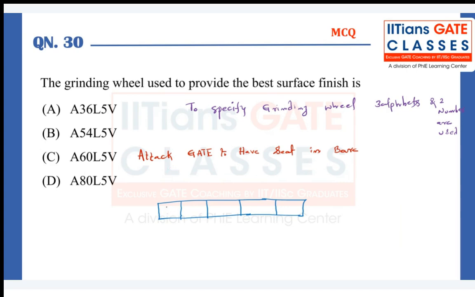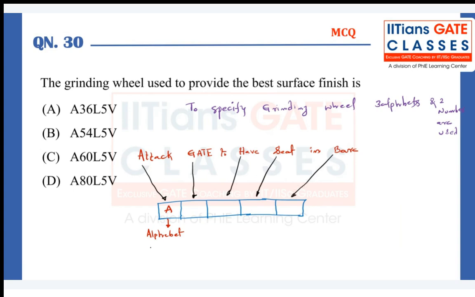A stands for the first letter, an alphabet. So "attack gate" is a code. Similarly Z letter, H letter, C letter, B letter.